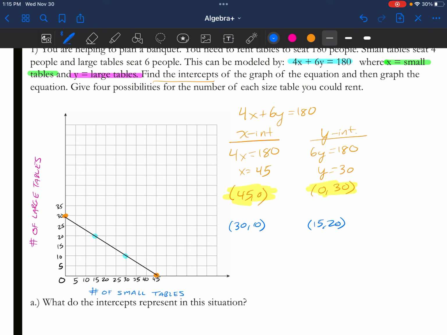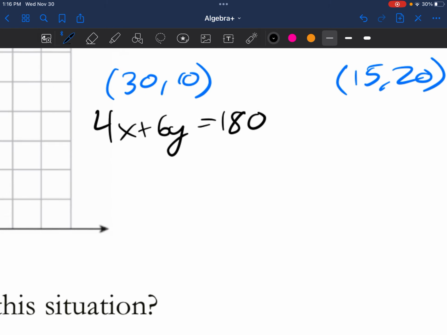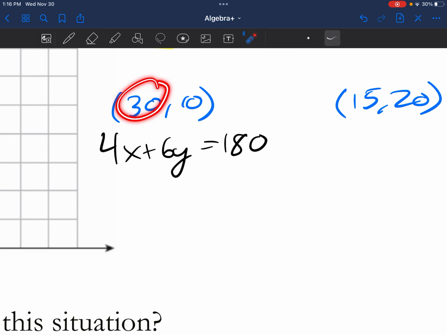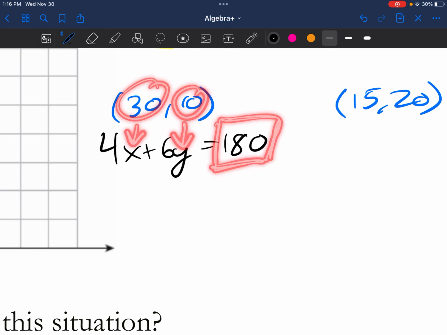Now, if you're not sure if you read them right or if you're not sure it's going to work, you can substitute this into my equation, right? My equation is 4x plus 6y equals 180. It's like doing a check. Well, I can put 30 into x and 10 into y and see if that calculation actually gives me 180.